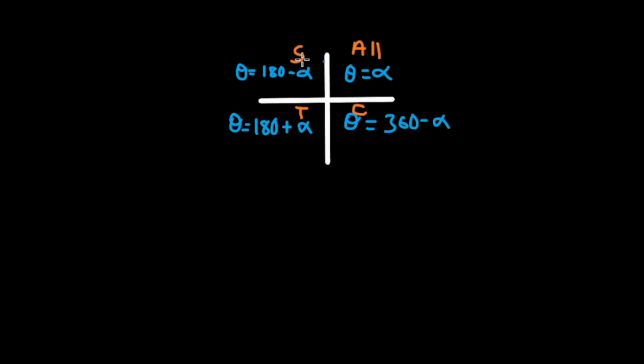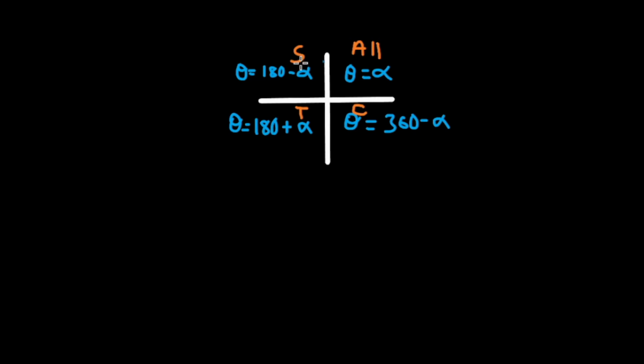It's the only thing that's positive there. And all the values of theta are equal to 180 minus alpha. Then we'll also have theta equal to 180 plus alpha, and theta equal to 360 minus alpha for the fourth quadrant.